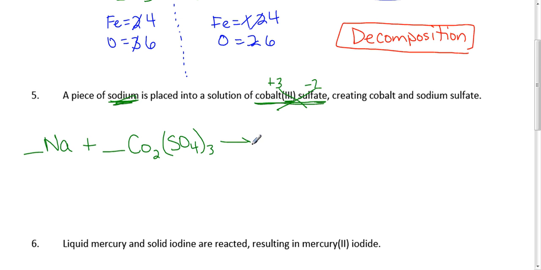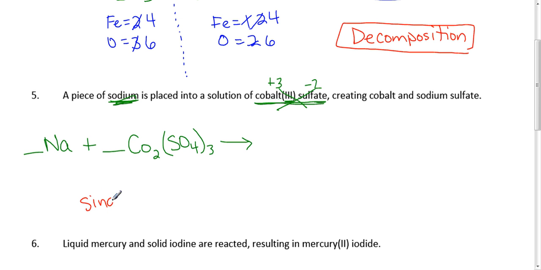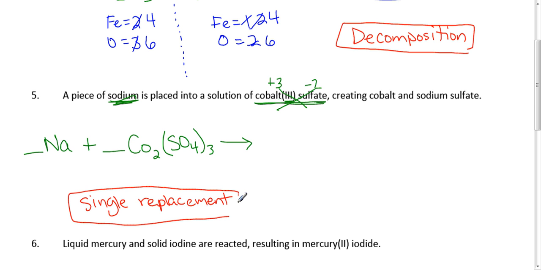Now, we should recognize you've got a single element by itself, and it's reacting with a compound. So that means we're going to have a single replacement reaction, a single element trying to replace part of a compound. And before you even take the time to write the products that could form, let's just see if it'll happen. This is when we go and use our activity series.